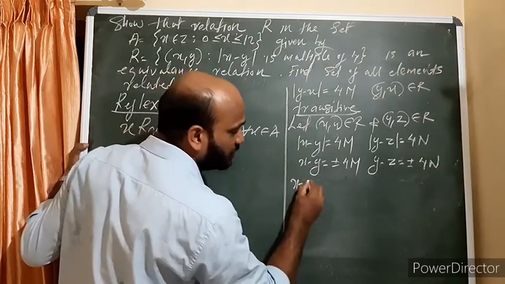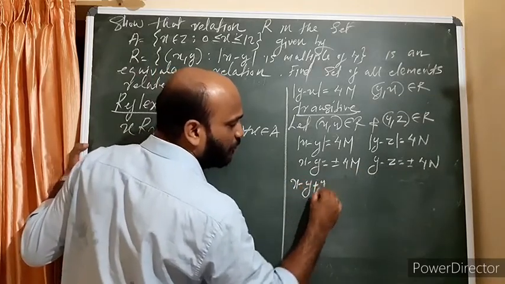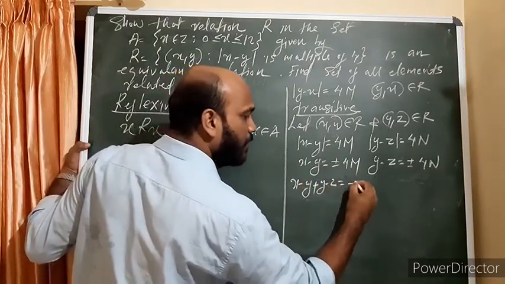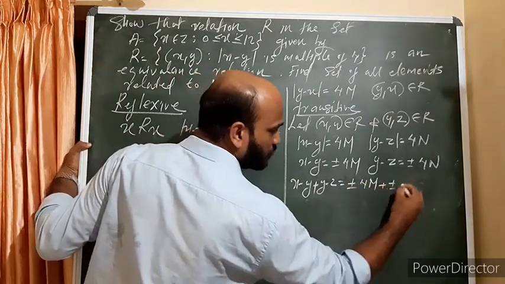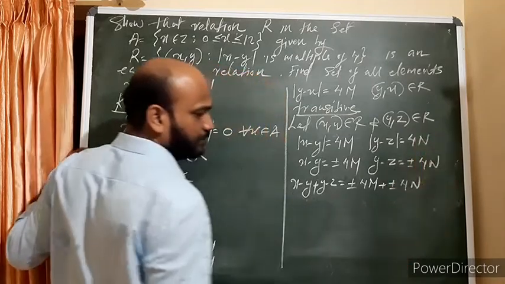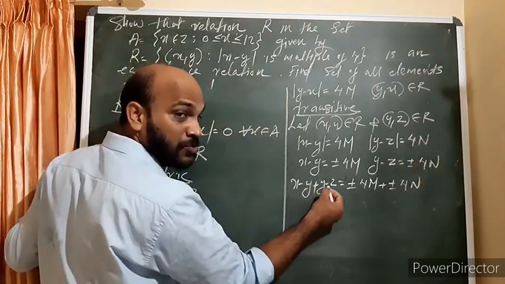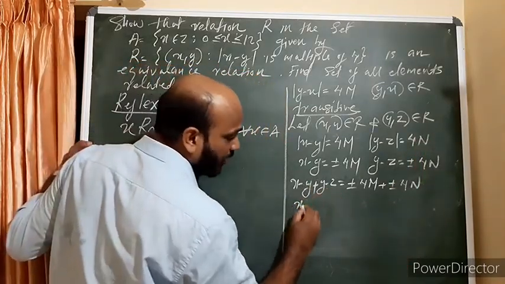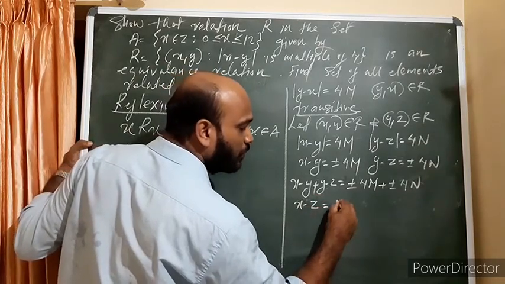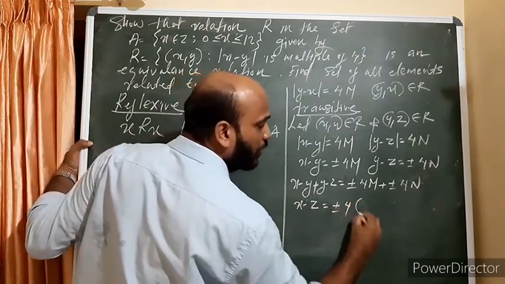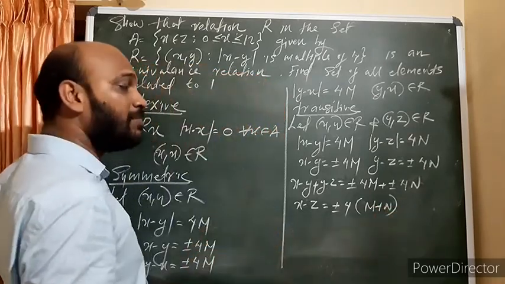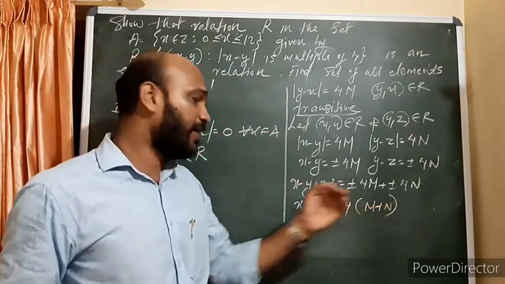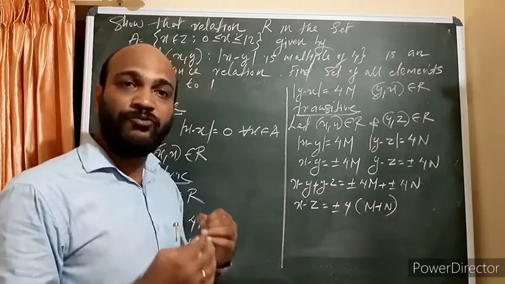So we get x minus y plus y minus z is equal to plus or minus 4m plus or minus 4n. Right. Minus y plus y get cancelled. So we get x minus z equal to plus or minus 4 into (m plus n). x minus z is plus or minus 4(m plus n) means x minus z is a multiple of 4.